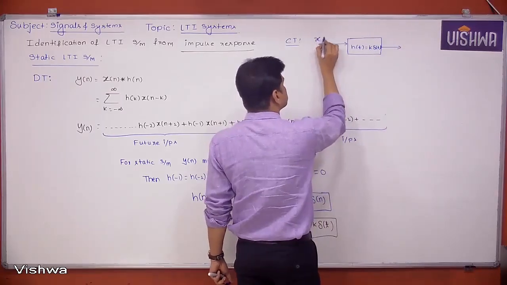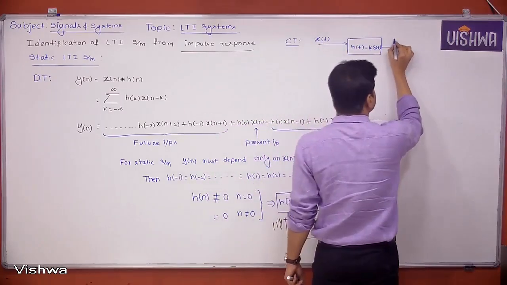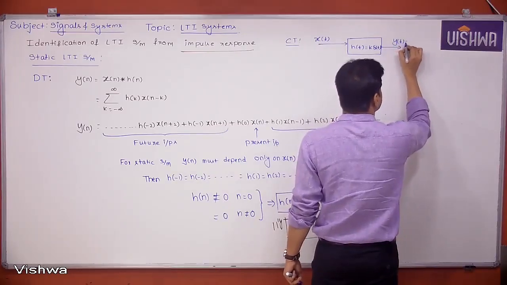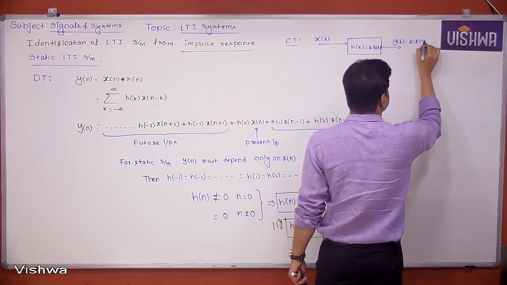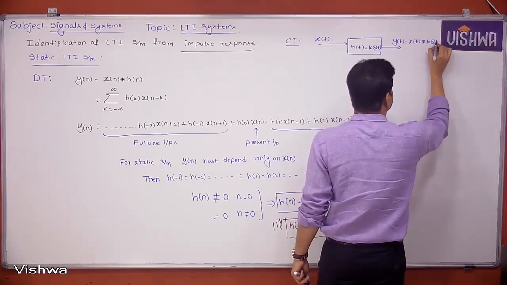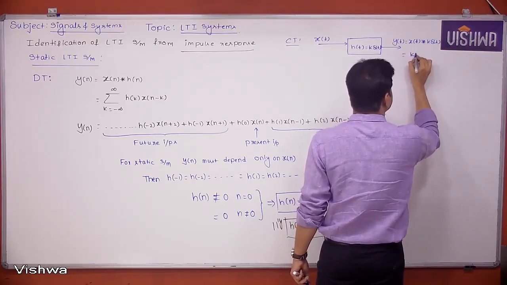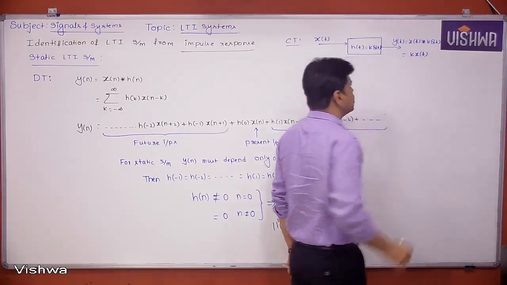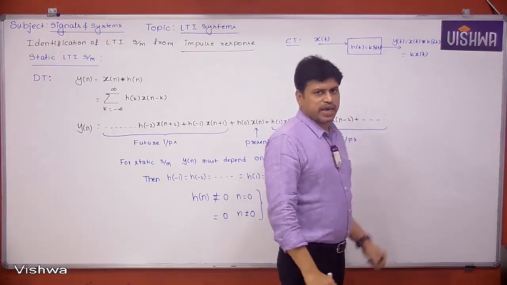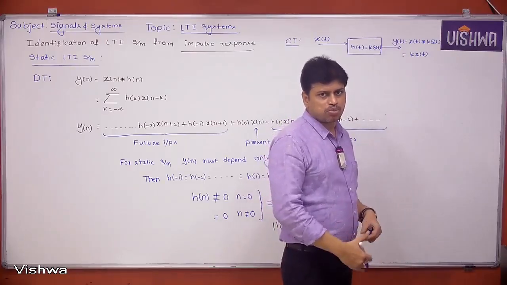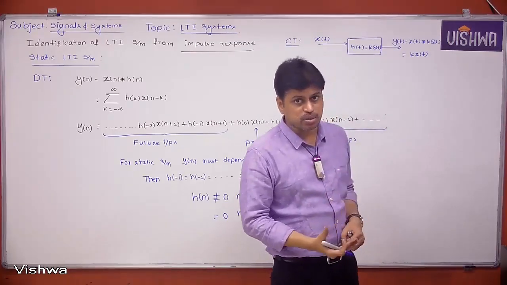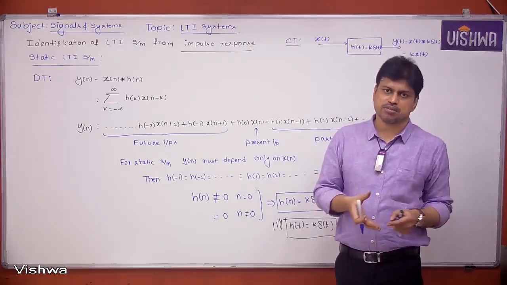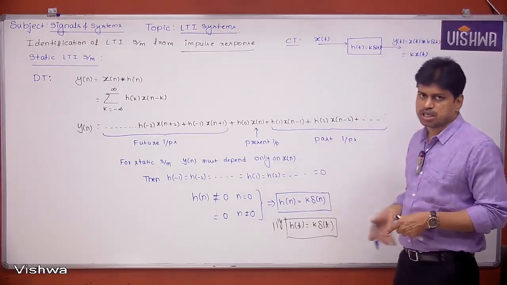For input x of t, what is y of t? It is x of t convolved with k delta t, which is k x of t. So y of t is equal to k x of t. That means the present output depends only on the present input. For y of t, x of t is the present input, so the system becomes static.